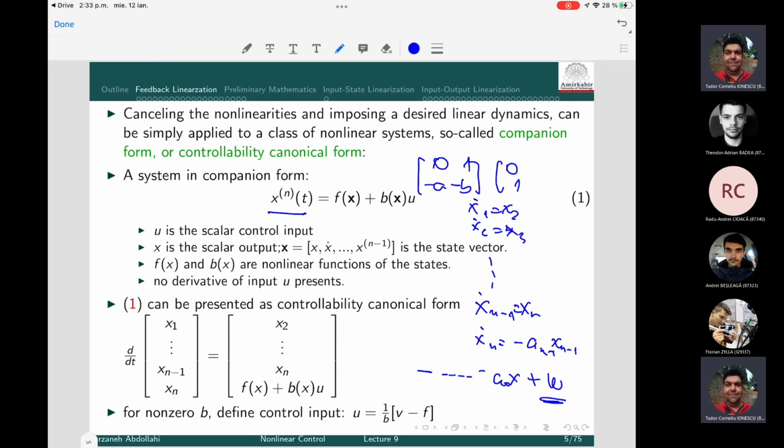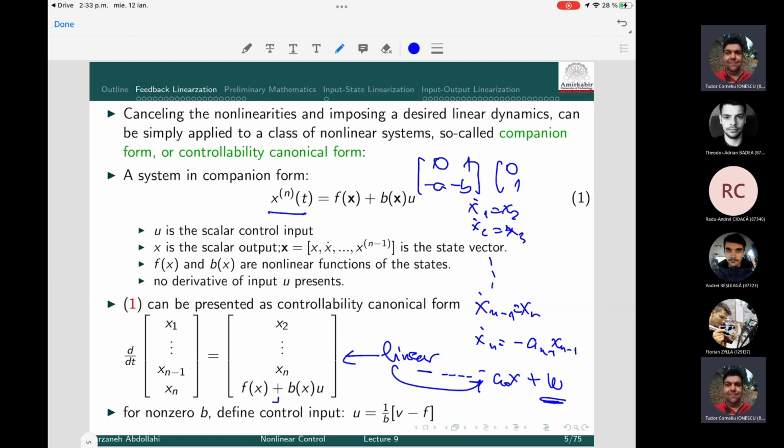This can be presented in this controller canonical form. X1 dot is X2, just what I said here. This you know from the linear systems theory. In the linear case, it goes to this form with a polynomial.